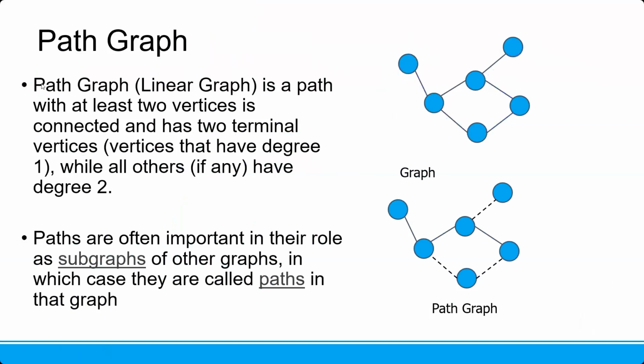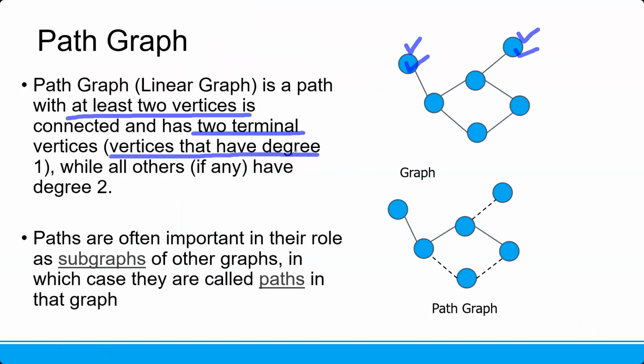So the path graph means there are at least two vertices connected. It means we need to have the starting point and the ending point, and two terminal vertices. So let's say this is the first terminal and then the second terminal. This is the minimum requirement.